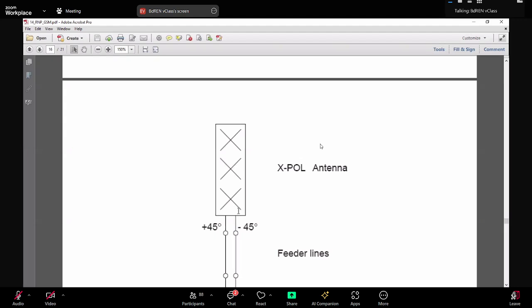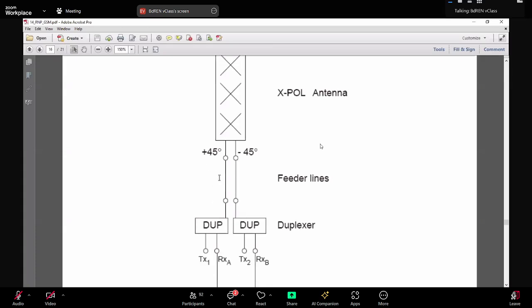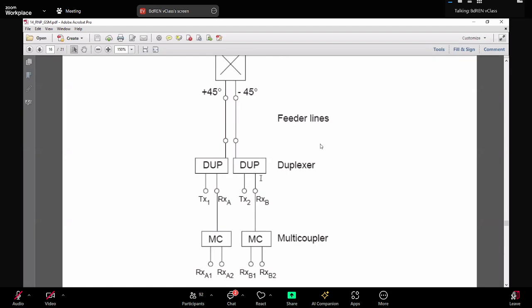So each array has 3 elements, and the array elements for one particular antenna are either rightwards tilted or leftwards tilted. Okay, so you have separate lines for them, and again you need a duplexer to separate the transmission and reception.